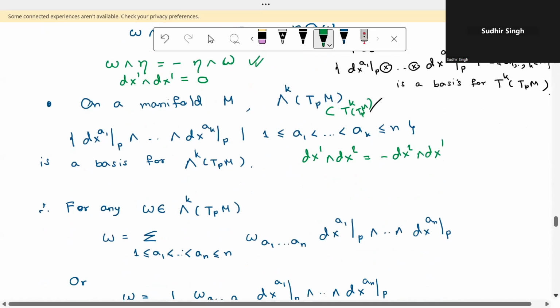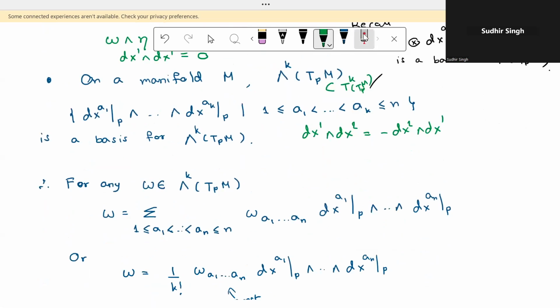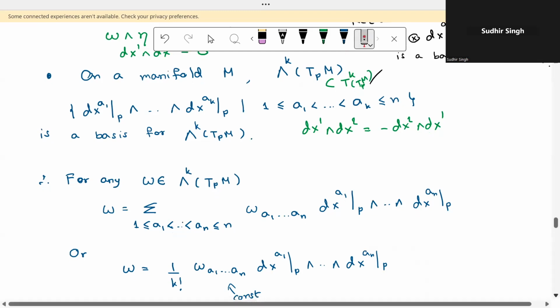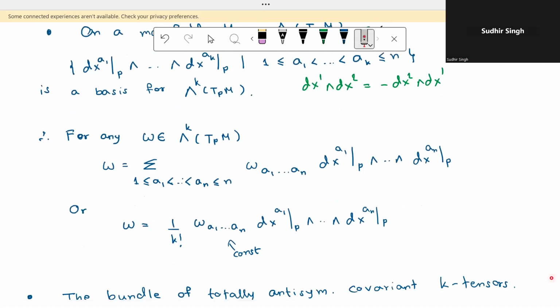Hence, any totally antisymmetric K tensor can be written in this form. Here, I don't use the summation convention because of this condition on the indices. But if we want to use the summation convention, we can also do it, but then we have to divide by K factorial. This is to get rid of the redundancy from the relation like this.